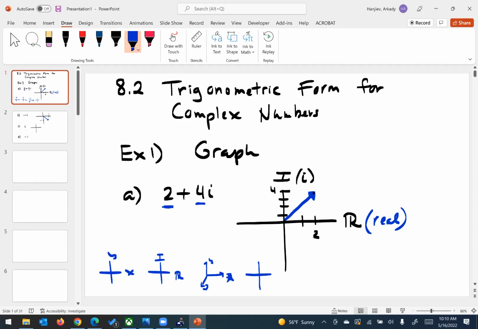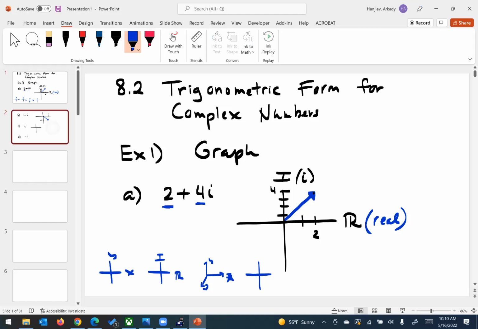Did we learn polar coordinates, guys? We haven't graphed them, right? Interesting. Okay. Anyways, let's go with it here.